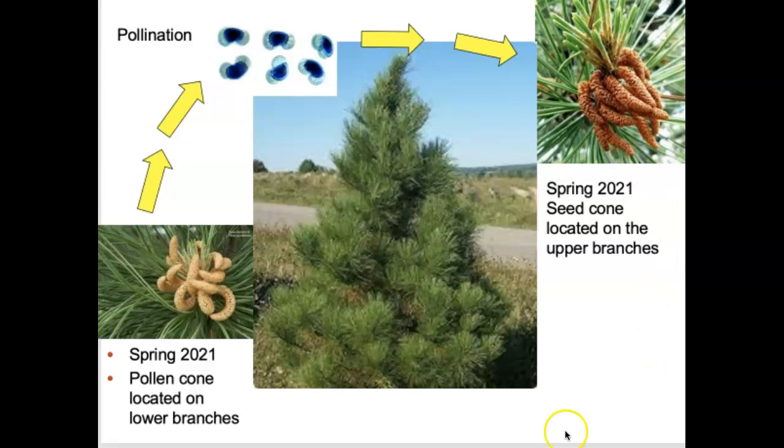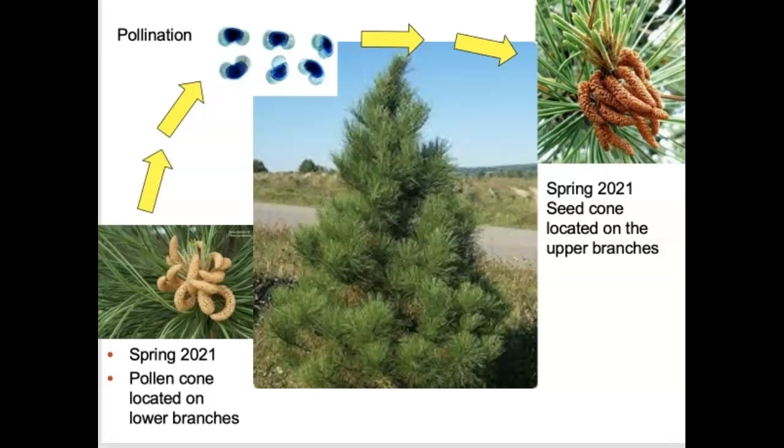So now the challenge is getting this pollen to the egg. But the key here is positioning. Having the seed cone higher in the pine tree than the pollen cone is going to give you an evolutionary advantage. I want you guys to think about it.